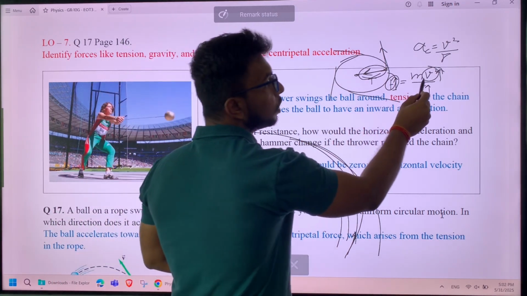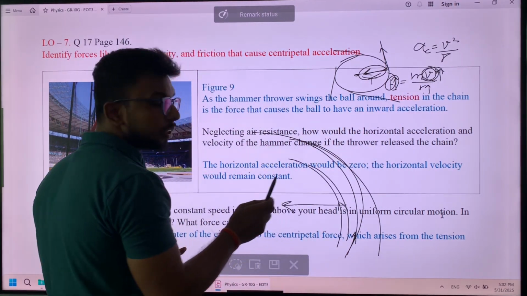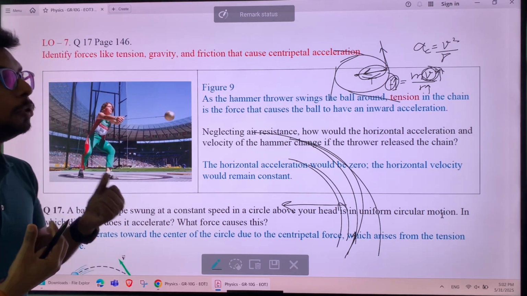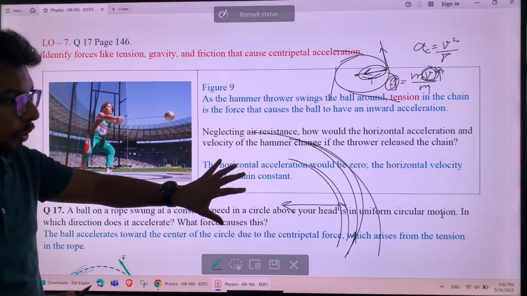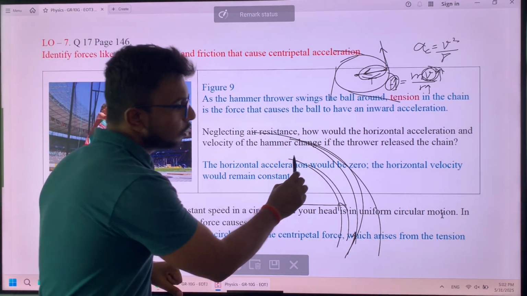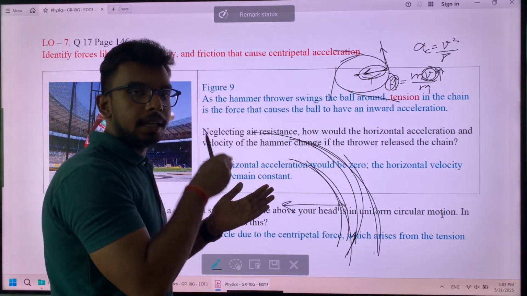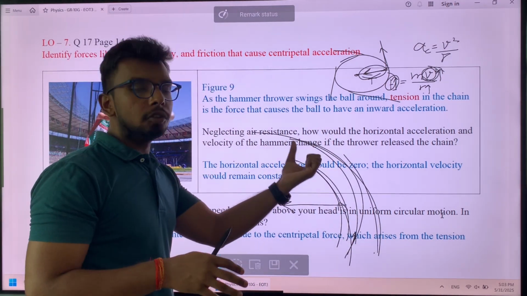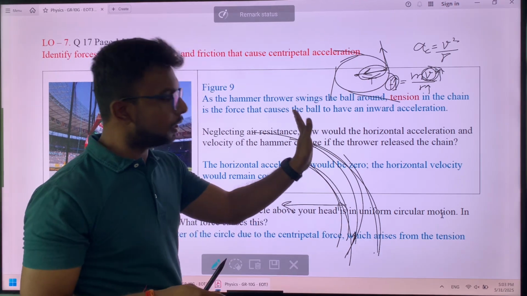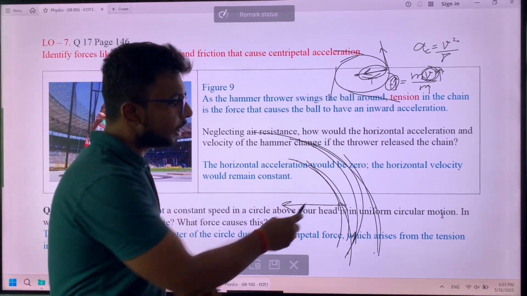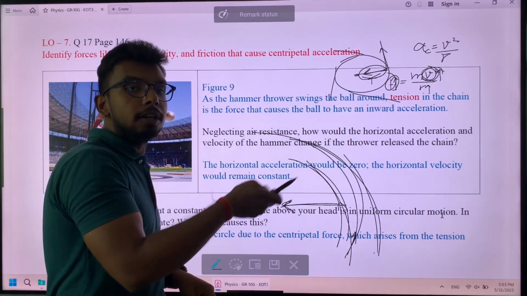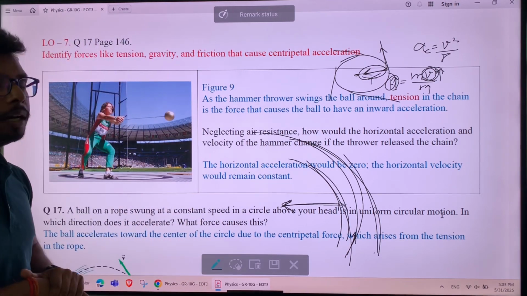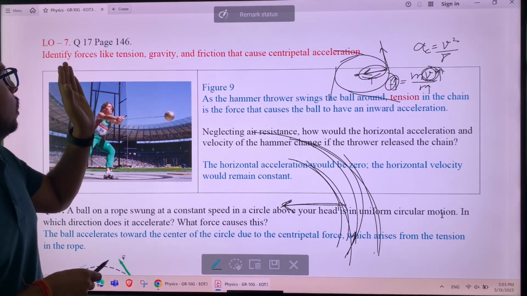We slow down so that the requirement of the centripetal force reduces. And what is providing the centripetal force here? The friction between the road and the tires. If the friction is not strong enough, you would not be able to turn so fast, because the centripetal force provided by the friction will not be enough to hold on.